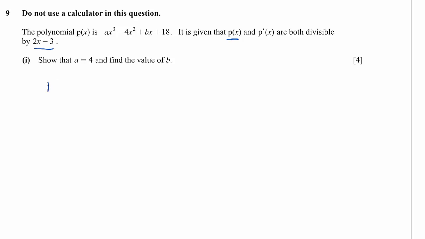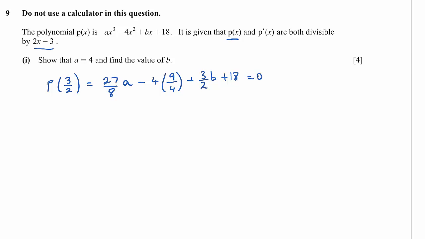So that tells me that p of 3 over 2 is going to be 0. So substituting in 3 over 2, if we cube it, we get 27 over 8. So we've got 27 over 8a, take away 4 times 3 over 2 squared, which is 9 over 4, plus 3 over 2b plus 18.